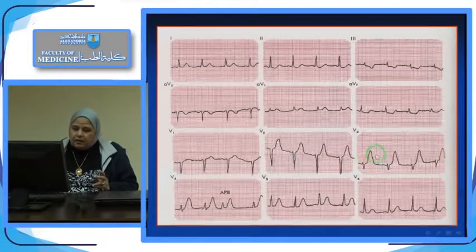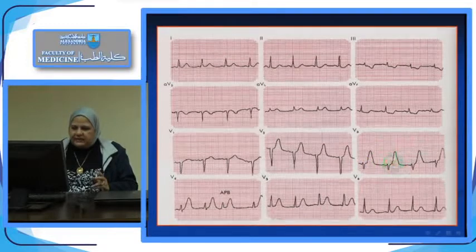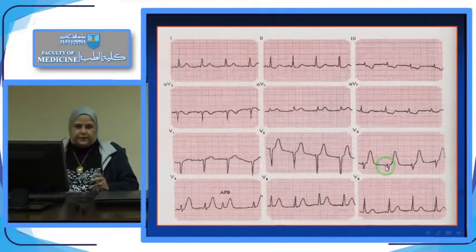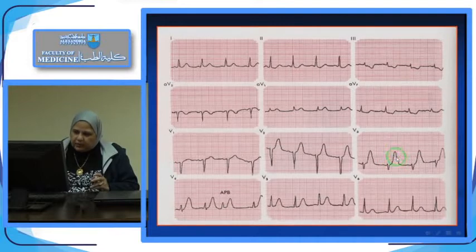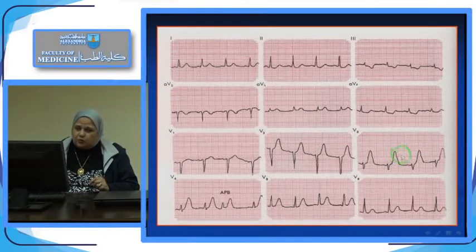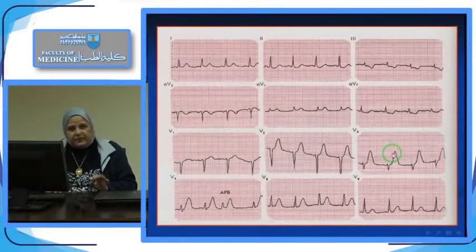Number one, an increase in the height more than the complex. As we all see, this is the complex, a short complex, maybe about 4 small squares. And the T wave is hyperacute, maybe up to 10 small squares. This is called hyperacute T, and this is a sign in ECG of hyperkalemia.